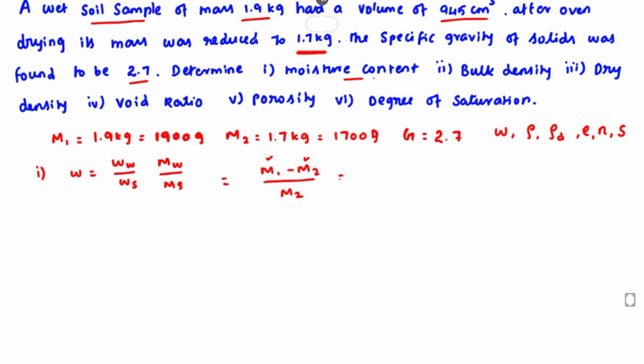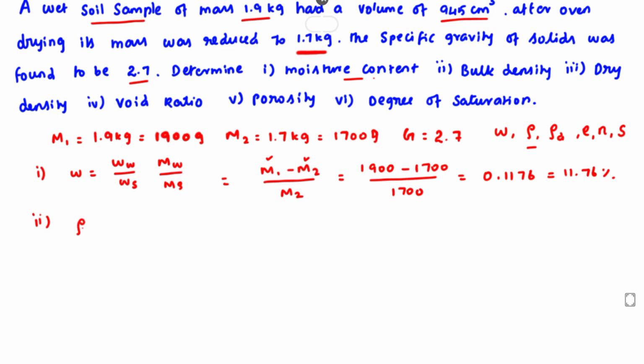Now, 1900 grams minus 1700 grams divided by 1700 grams. So now we got the value of 0.1176, that is equal to 11.76 percentage. Second thing, we can find out the bulk unit weight.